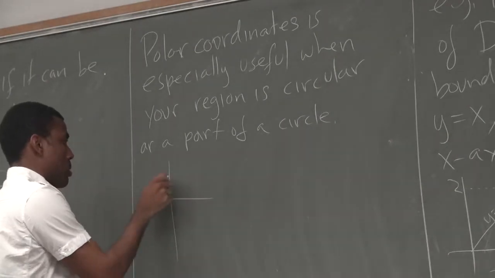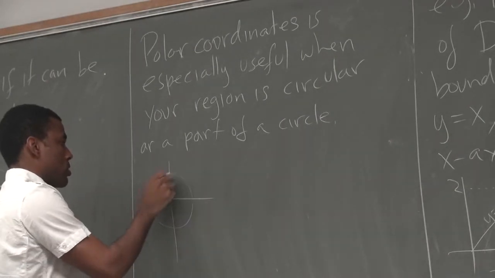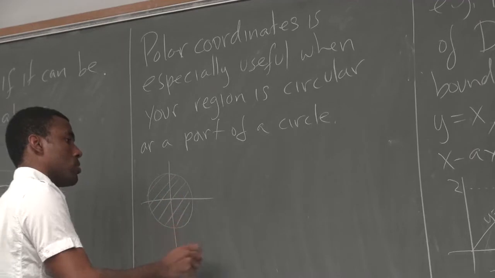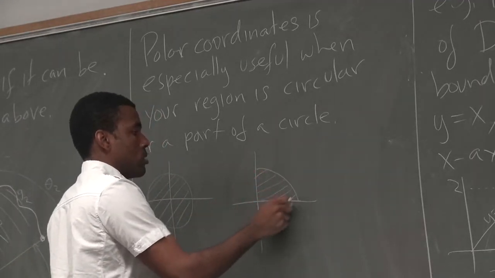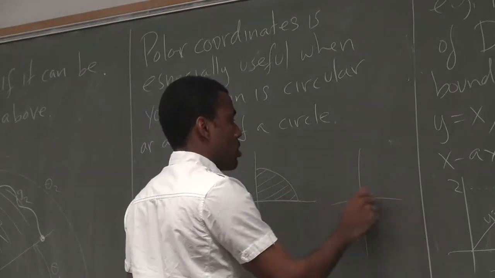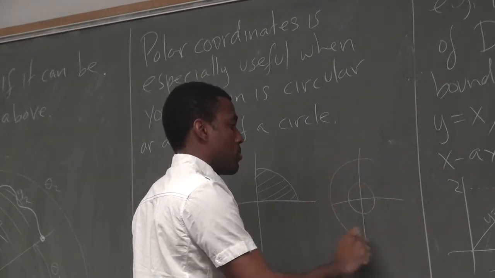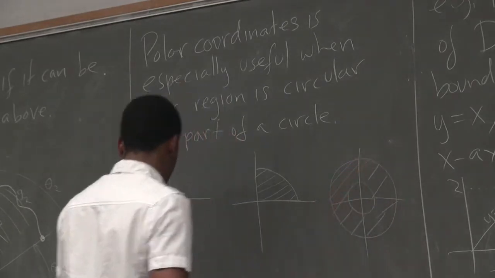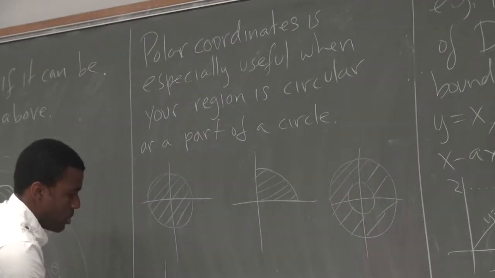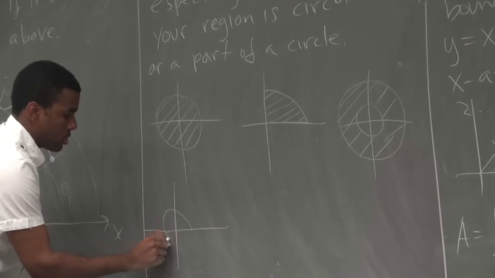So examples of regions that you'd use polar coordinates for are a full circle, or maybe a part of a circle, a segment, maybe an annulus, maybe even part of an annulus.